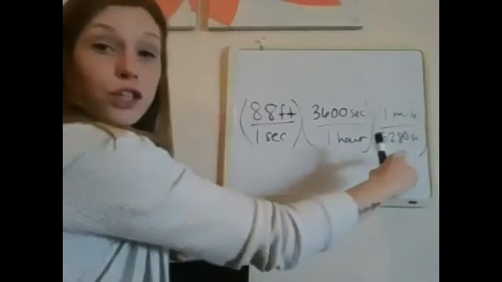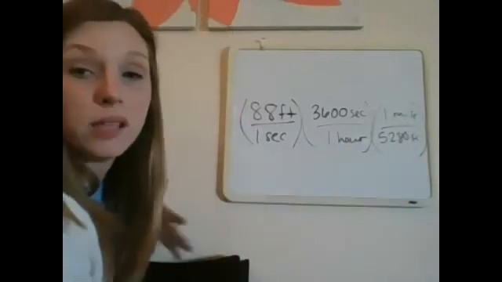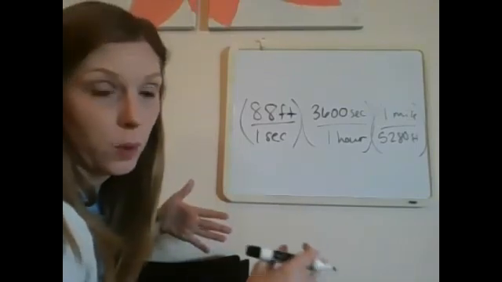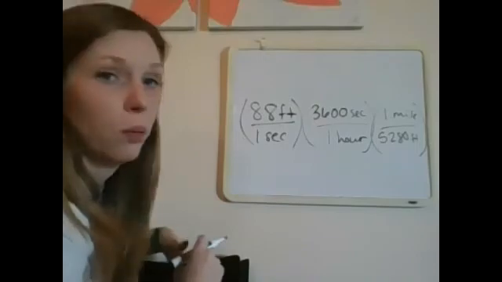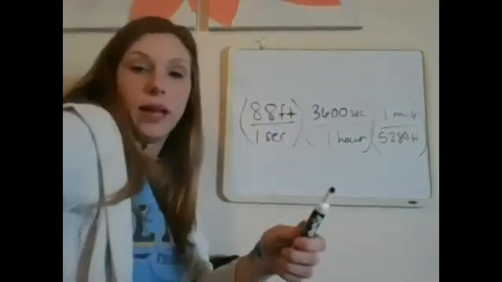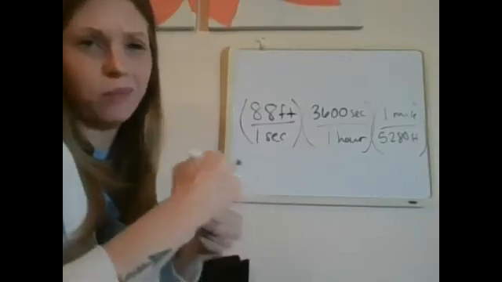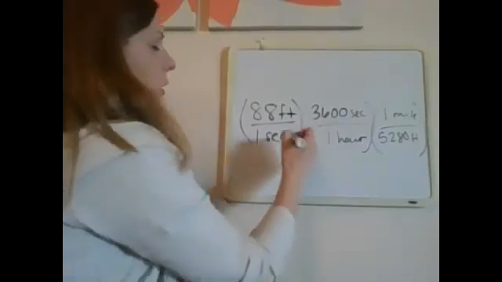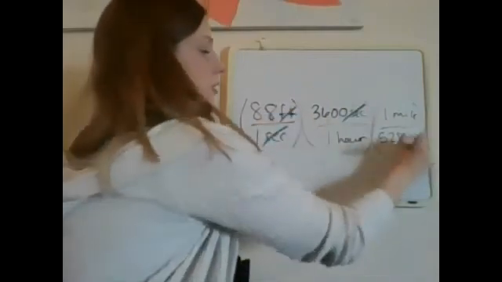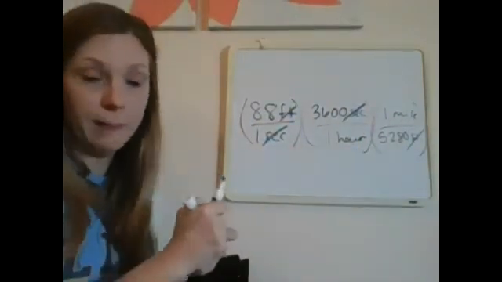Again, this is a conversion factor because a mile is equal to 5,280 feet. They're just in different units, okay? What we do here, multiply, all right? So, like I told you before, if it's on the top and the bottom, you can cancel it. So our seconds can get canceled, and these feet can get canceled, okay?